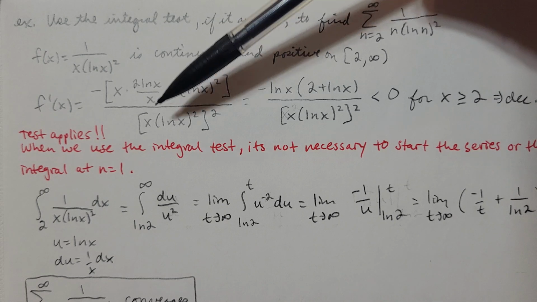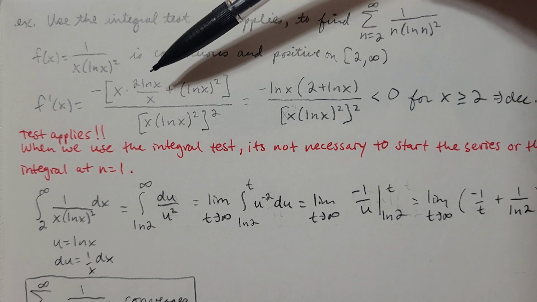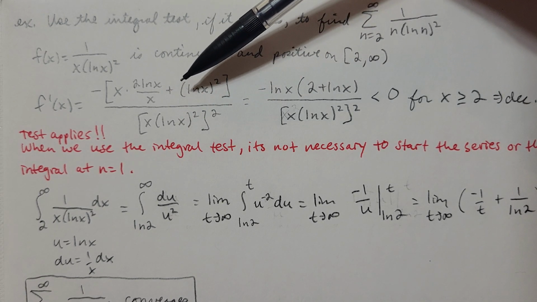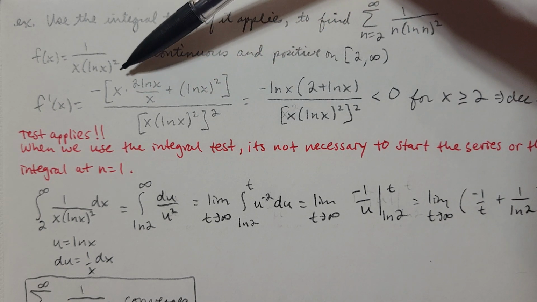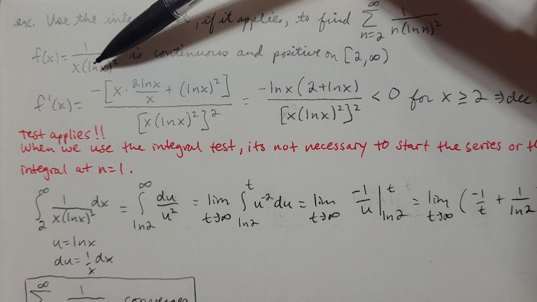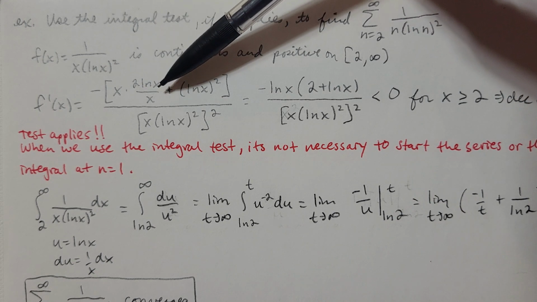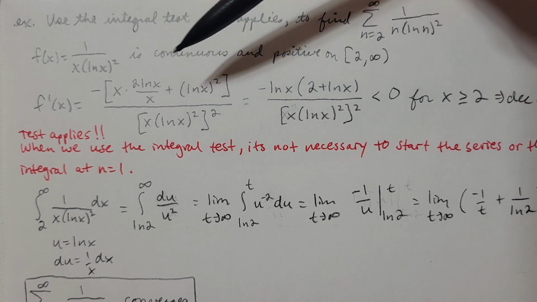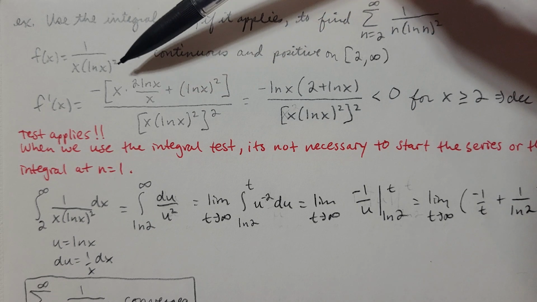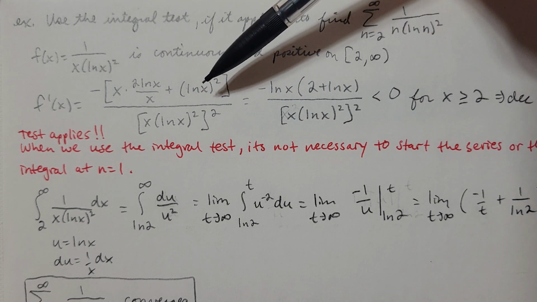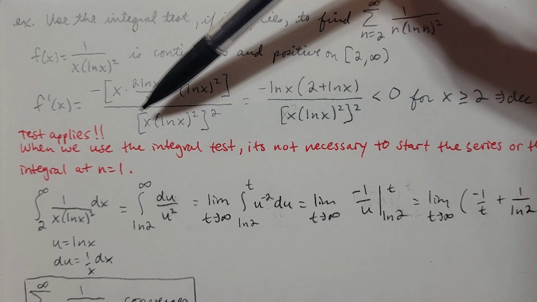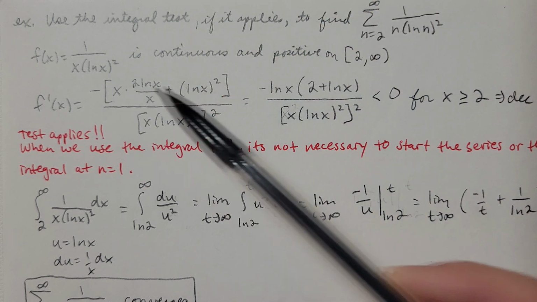That'd be a product rule, and within the product rule, you're going to use the chain rule. So you have the first times the derivative of the second, that's 2 ln x times the derivative of the ln of x, that's 1 over x. And then plus the second, ln of x squared, times the derivative of the first, which is 1. Again, this is all over the denominator squared.